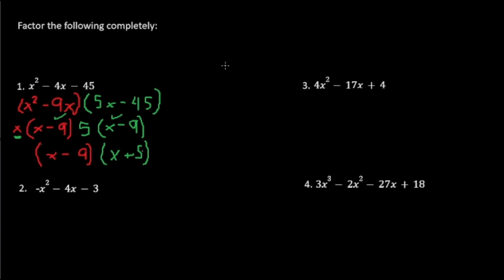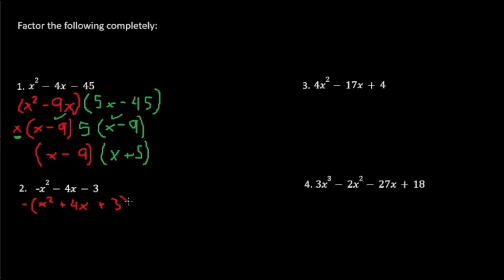Okay, so right away, we see that there's a negative here, there's a negative here, and there's a negative here. So what we can do there is take out the negative. So if we just divide by negative, it's just going to be negative on the outside, so negative 1 times x squared plus 4x plus 3.